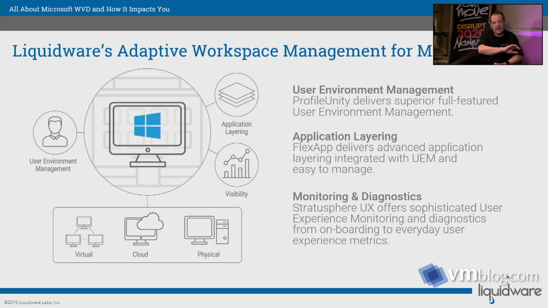But when you run an Adaptive Workspace Management Suite that connects all of your disparate desktops and can connect and migrate with your users to any desktop in the future, you're running your Adaptive Workspace Management at a higher plane, and then you can adapt at any time. You can rapidly onboard users. You can add applications to the environment.